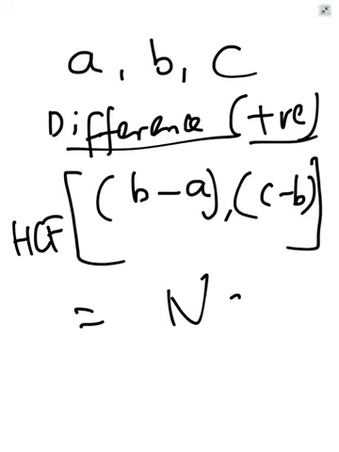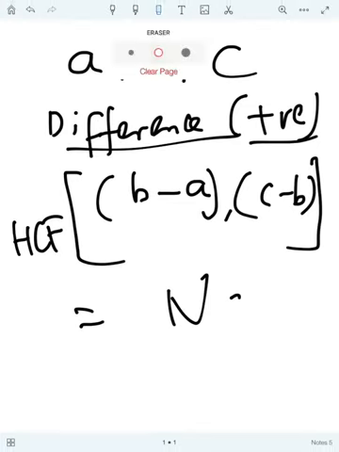So that will give you the final answer N, which is the largest number which will divide A, B, C, leaving the same remainder in each case. So now I will apply it to some practical question to clarify this HCF model 2.